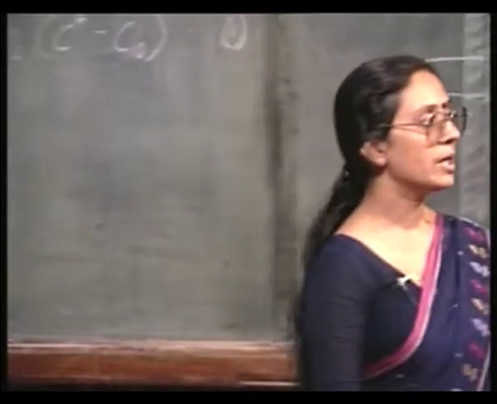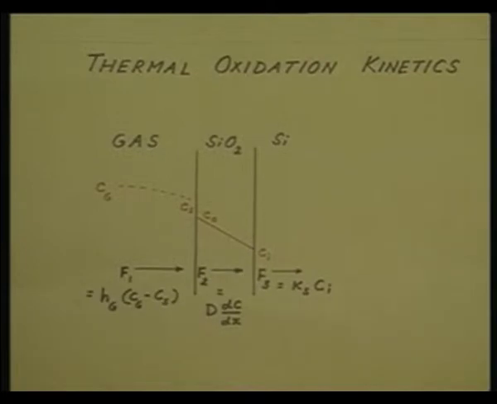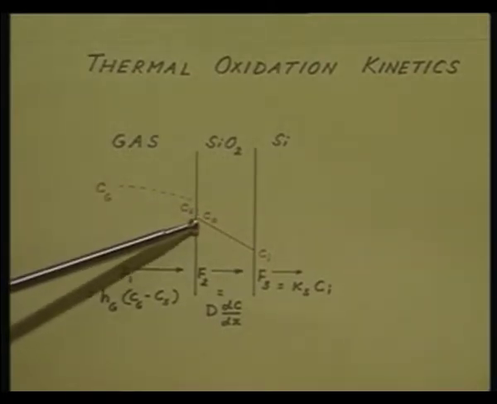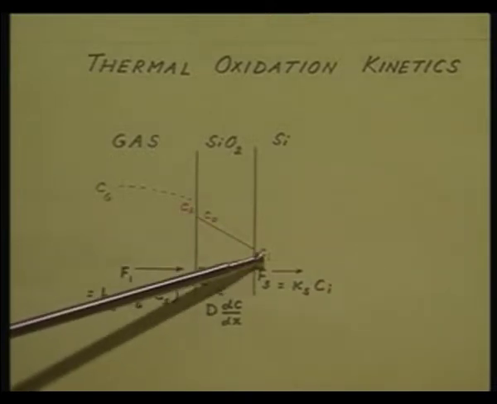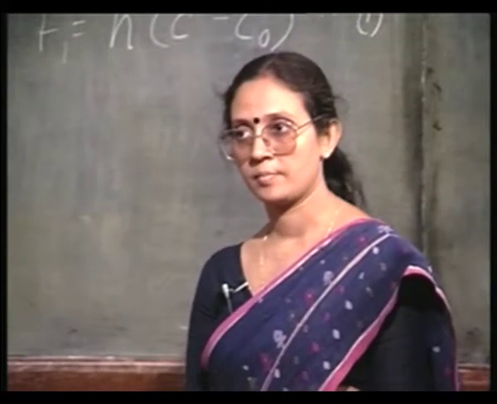If I make a linear approximation as I have done here, the concentration of the oxidizing species at the outer surface is given by C naught, and at the inner surface by Ci, then the concentration gradient will be given by C naught minus Ci divided by the oxide thickness.